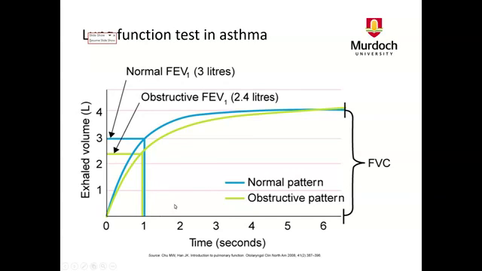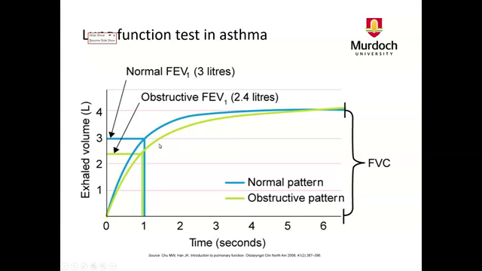This is an example of one of those FEVs, how that looks. Like I said, in the first second you exhale 80% of what you totally exhale. So in the case here, of 4 liters, we exhale 3 liters in the first second. If someone has asthma, then that changes.